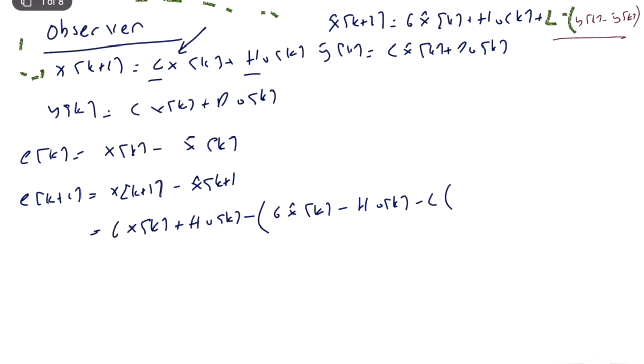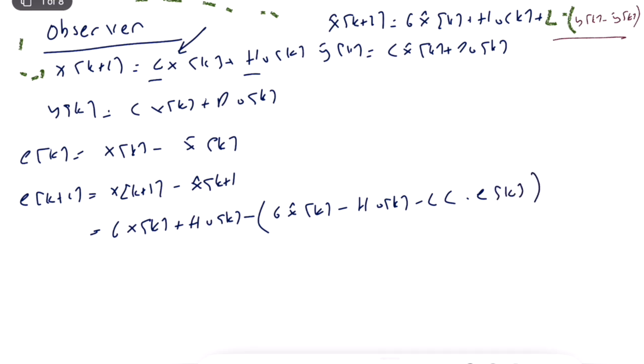Okay, so what is y? I don't need to use y now because it's the state update equation from the perspective of error. What is y? Y is equal to C times x. What is y hat? C times x hat. So instead, what I can do is this: L times C times e of k. Right? Okay, that's good.